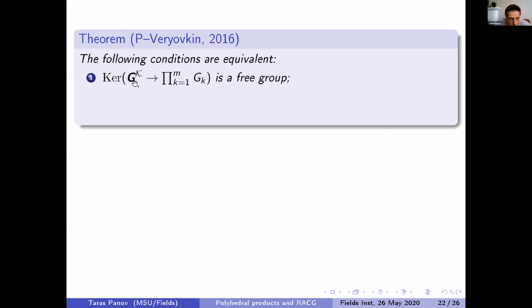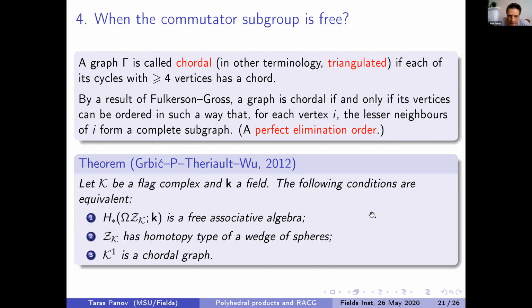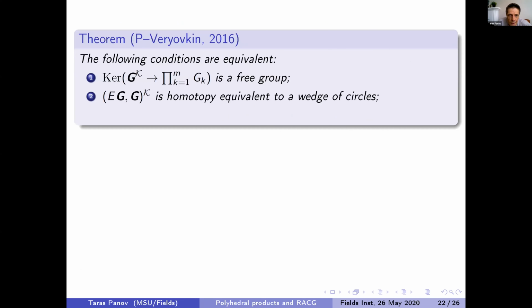So this kernel is a free group, that's one condition. Then this polyhedral product is homotopy equivalent to a wedge of circles. So in the previous theorem, we had a wedge of spheres, higher dimensional spheres, and spheres of arbitrary dimension can appear in this wedge, but here you have just circles. And again, K^1 is a chordal graph.